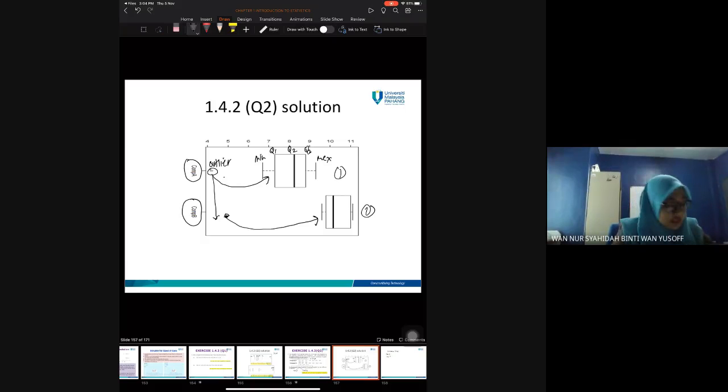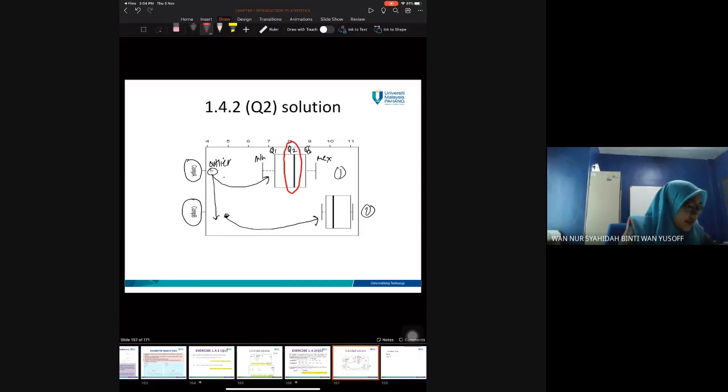The shape of your box plot is determined by the location of your median, or the location of Q2. If Q2 is close to Q3, then we have left skewed.